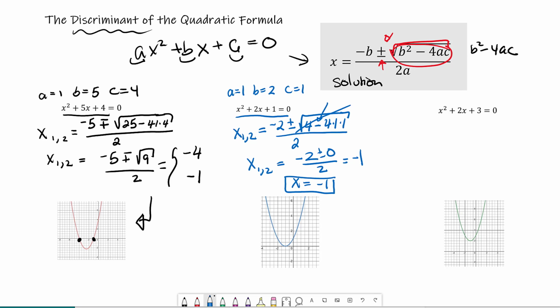And as you can see in this curve here, which is the graph of this function, x squared plus 2x plus 1, the graph touches the x-axis at one point. So when we draw the graph of the function, we will see that we really do only get one solution, because the graph is crossing the x-axis at only one point.